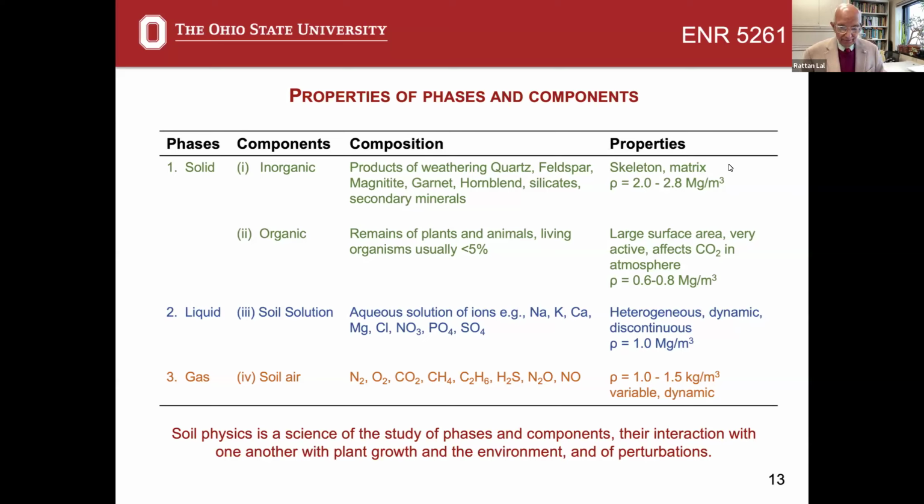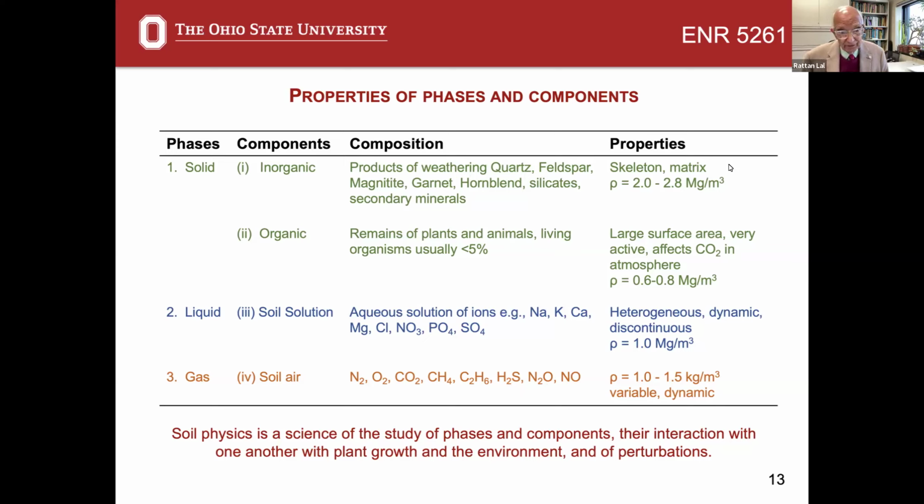So numerically, 1 gram per cubic centimeter, such as the density of water, is the same thing as 1 metric ton per cubic meter. So 1 cubic meter of water weighs 1 metric ton, or 1 cubic centimeter of water weighs 1 gram. Therefore, gram per cubic centimeter numerically is equal to megagram per cubic meter.